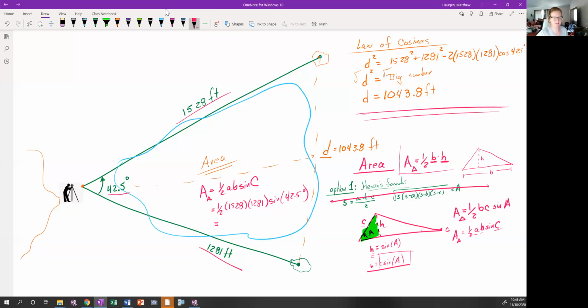It's about the same. Yeah, up to the approximations, as the 42.5 and the 1281 and the 1528 are rounded, so if you keep all the decimals all the way through, it'll be equal. But yeah. So what is it? 661,189.3268.